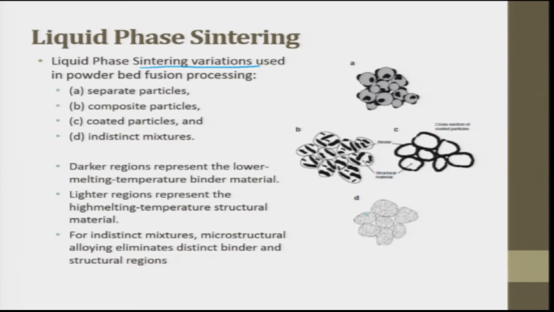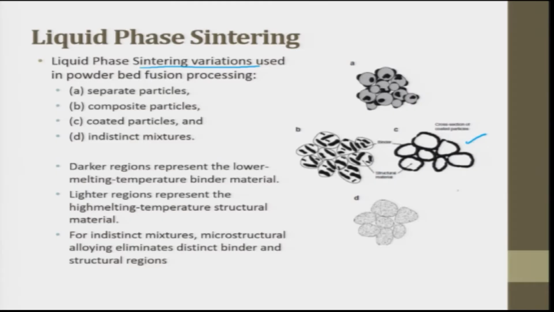So, you have all the four. The darker region represents the lower melting point binding material, and the lighter region represents the higher melting point material. For the indistinct mixture, distinct binder and structural regions are not there, so they are all mixed together. These are the fourth type.